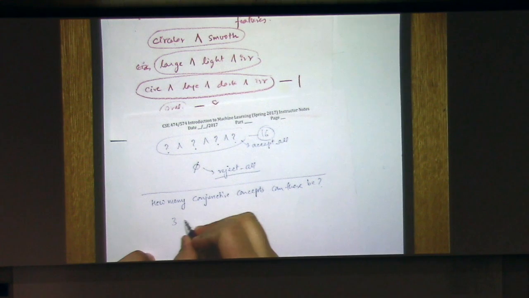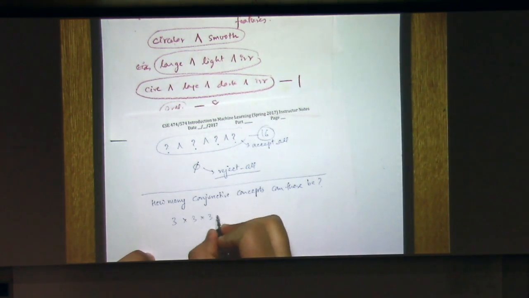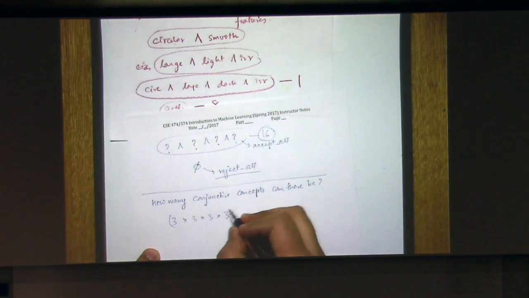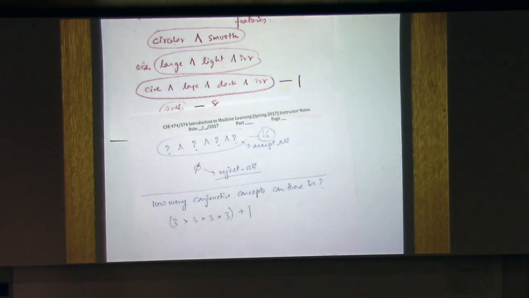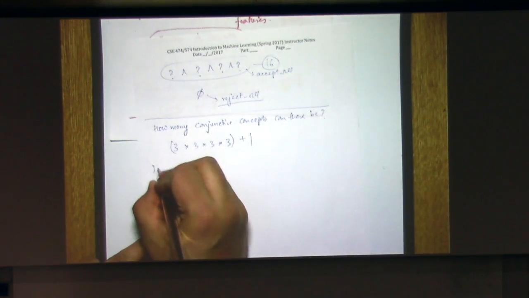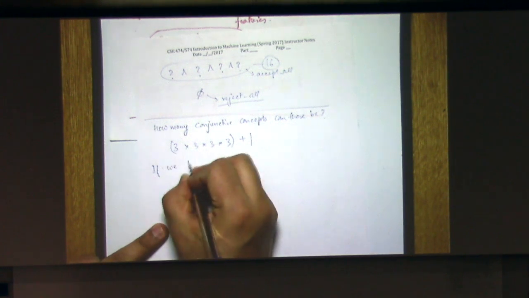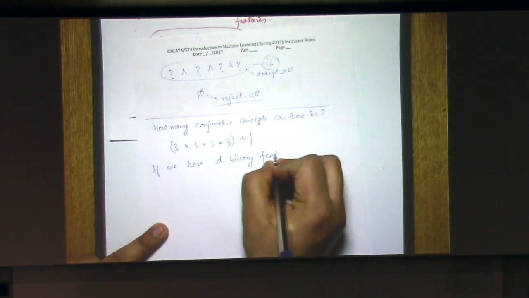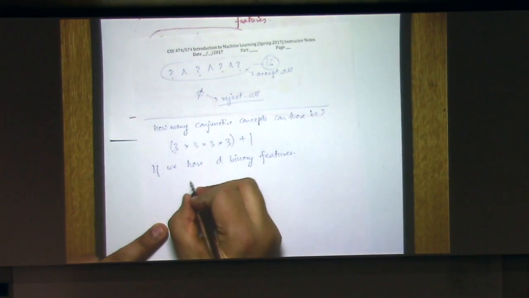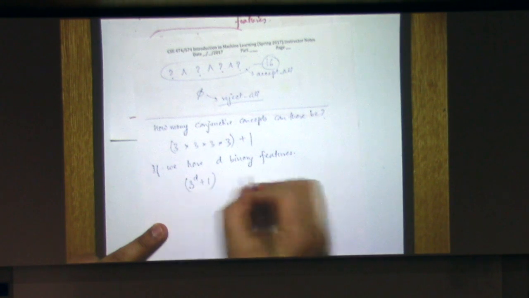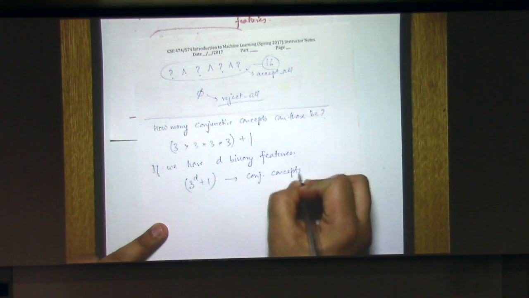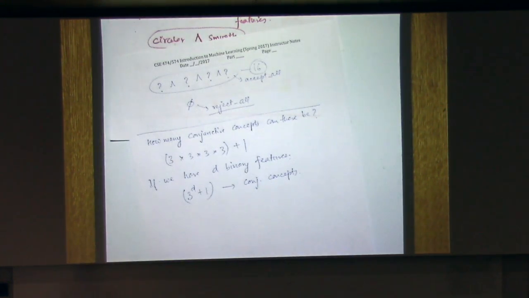So 3, for the other one also, 3 times 3 times 3, that many. But there is this reject all which is special, which doesn't come into this operation. There's +1, right? So in general, if we have d binary features, then we will have 3 to the power d plus 1 conjunctive concepts. All right. So, any questions about that?